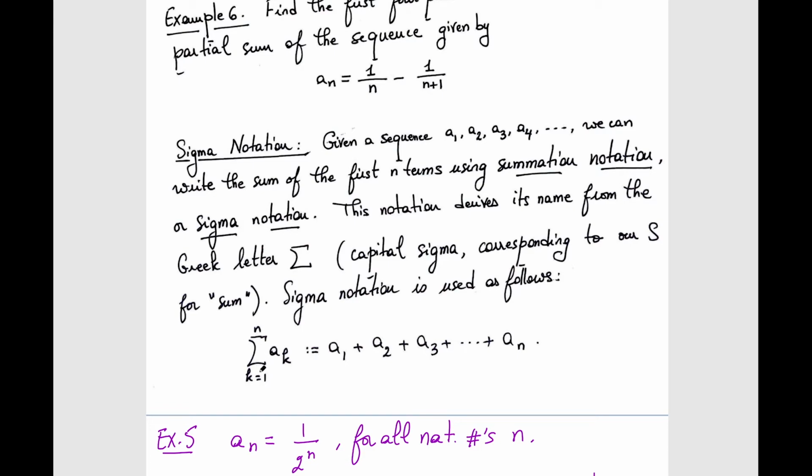It's a sum of all the terms that look like A sub k. Each term here looks like A sub k, right? And this index k ranges from 1 all the way to n, right? It goes from 1, 2, 3, all the way to n. Make sense? So this is the sigma notation.